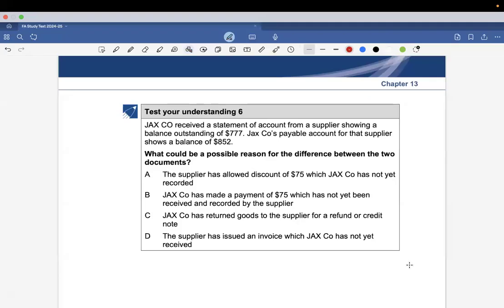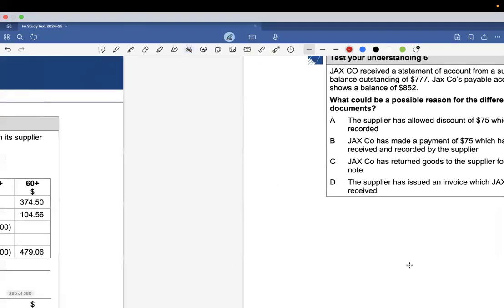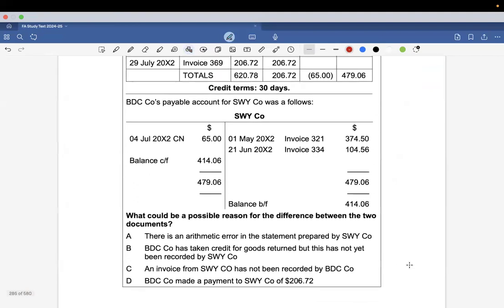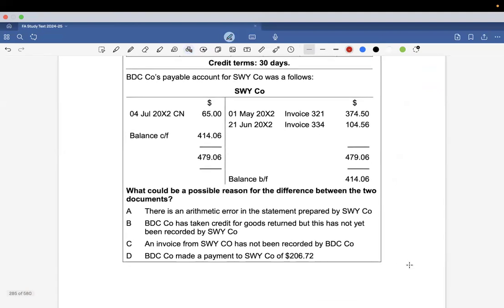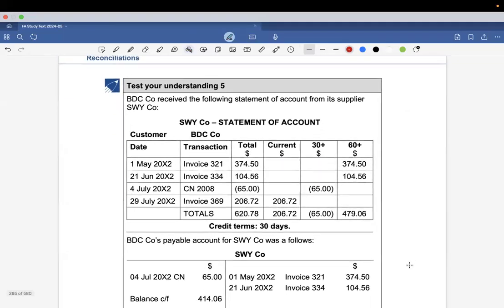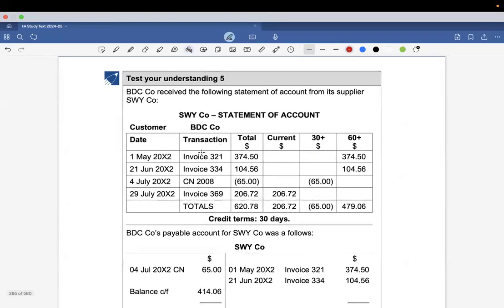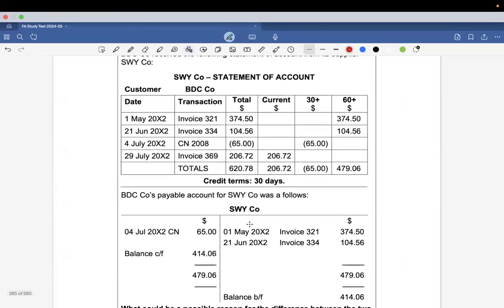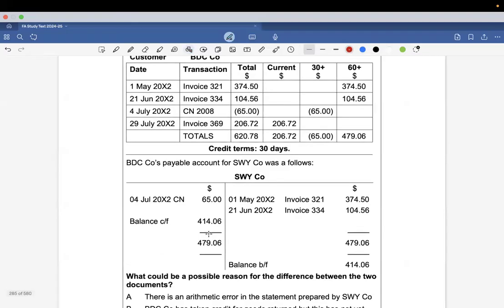Now, TYU 5 is simple. What could be a possible reason for difference between the two documents? This is BDC company, which has been given a statement from SWY company, that is their supplier. According to their supplier, we have to give them 620, but according to us, we only need to give 414.